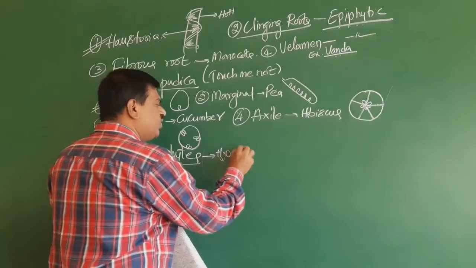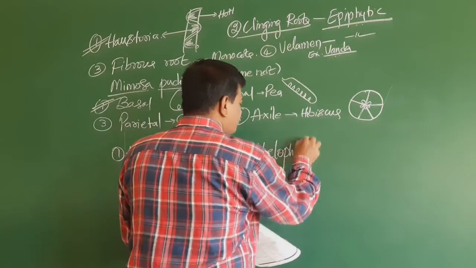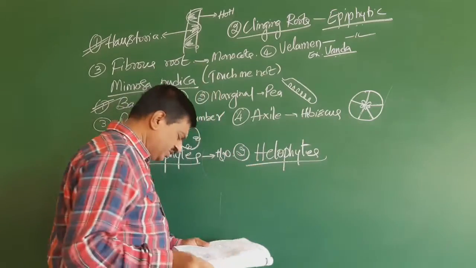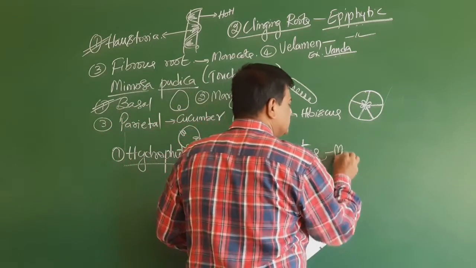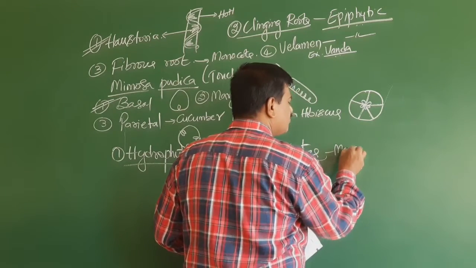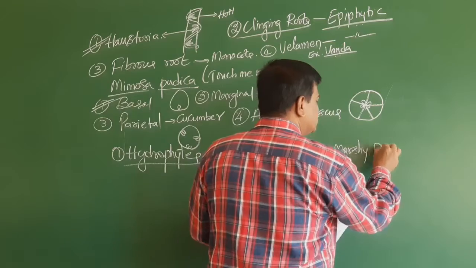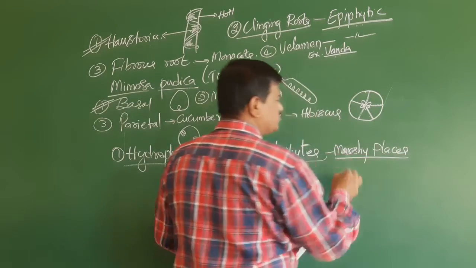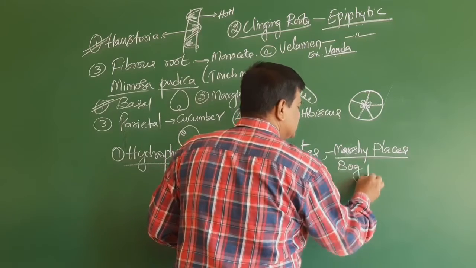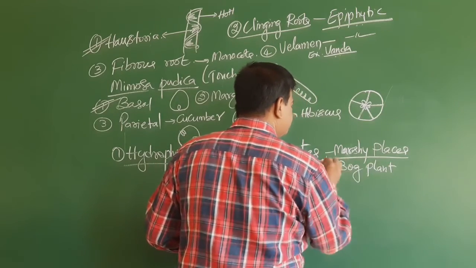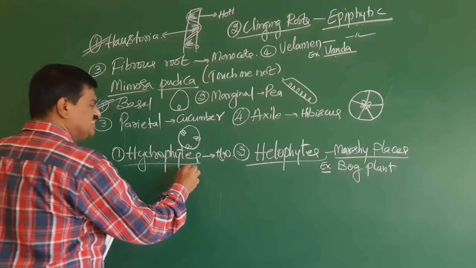So second one is called as halophytes. So the word halophytes, the plants grow in marshy areas or marshy places. So here one of the examples is bog plant.